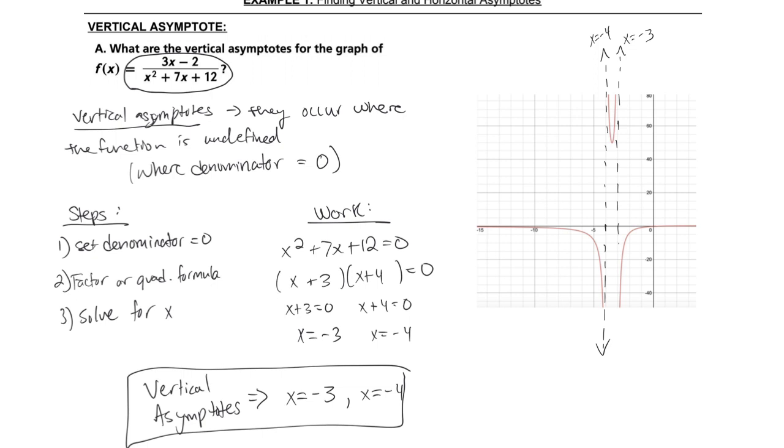And you can see by the graph of this function, it goes from -infinity and then stops right before -4, that vertical asymptote. And then there's another function in between -4 and -3, and then to infinity, right? It stops right before -3 and then goes to infinity. So the function stops essentially right at those vertical asymptotes.